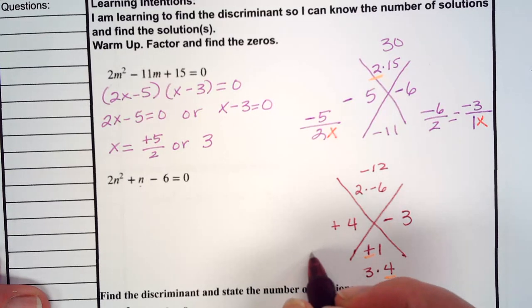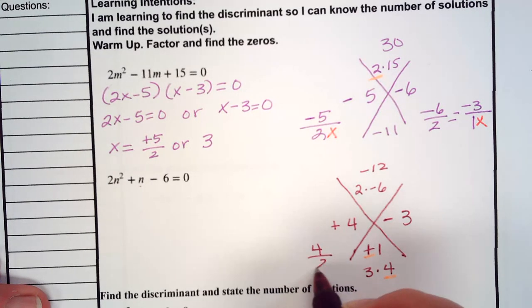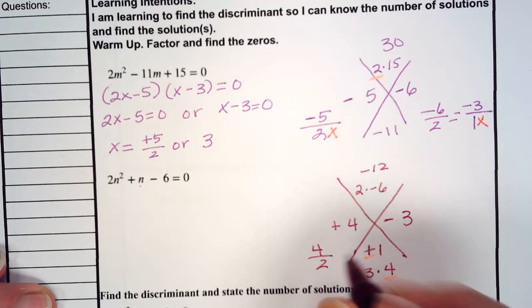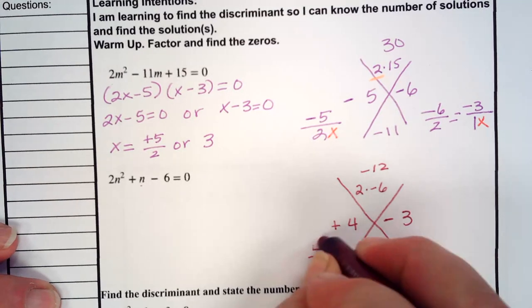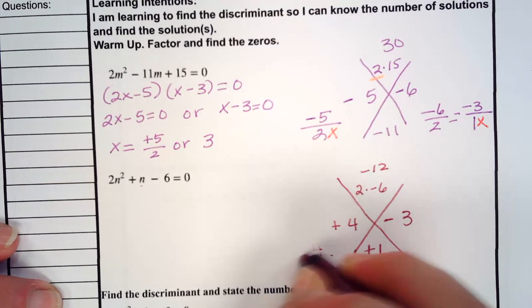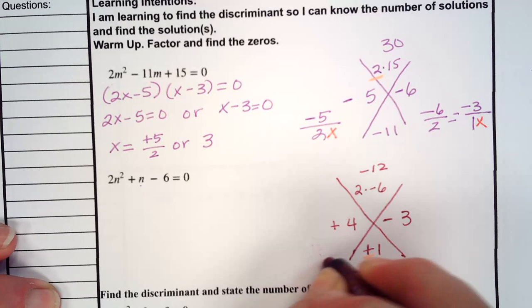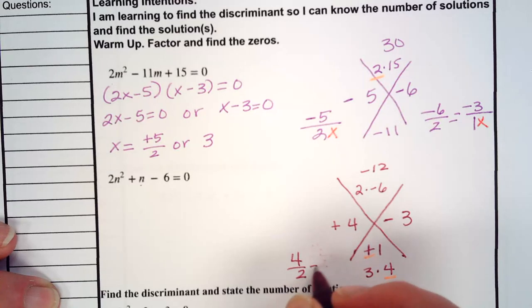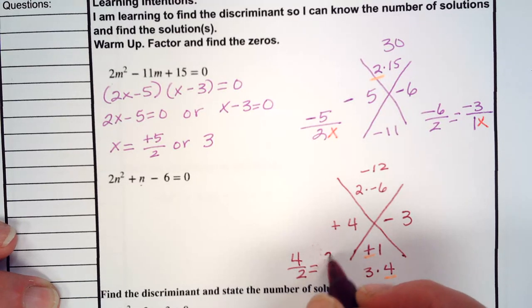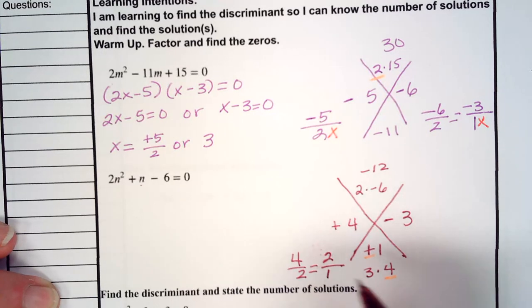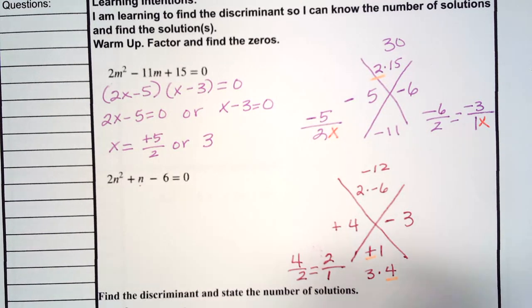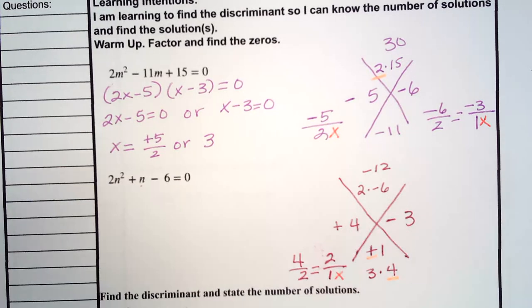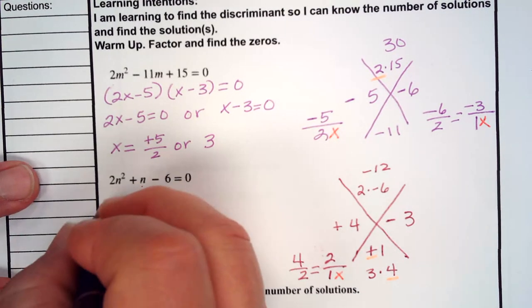Now I divide. I've got 4 over 2. Can I simplify? Okay, 4 divided by 2 simplifies. 2 goes into 4 2 times. 2 goes into 2 1 time. My variable stays in the bottom, so it's x plus 2.